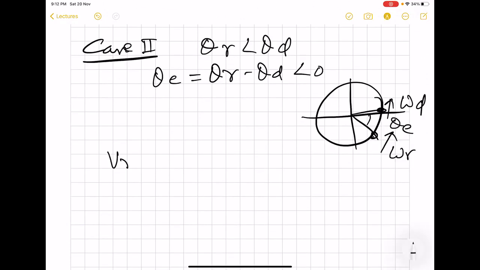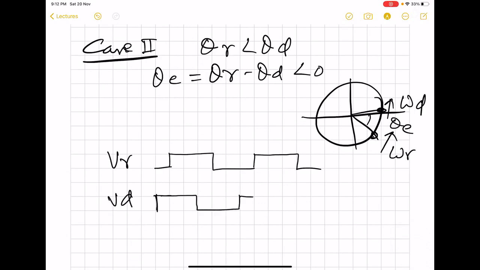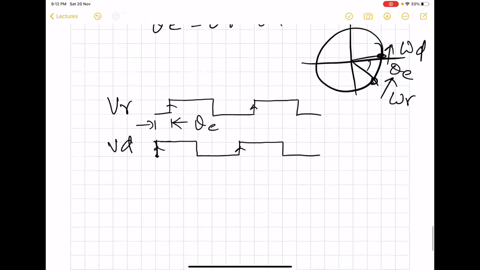So VR is like this, and VD is like this. So these are the rising edges of two signals. So here you can see that this much is going to be the phase error and this is negative.